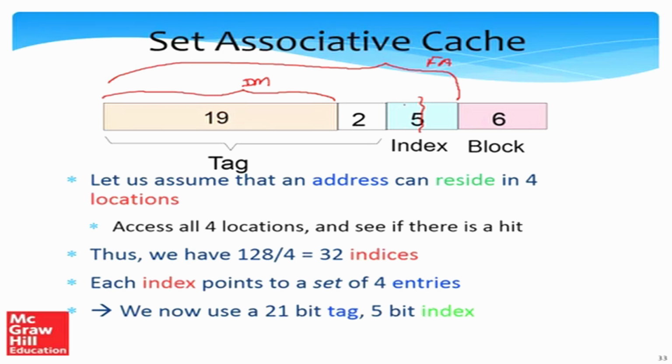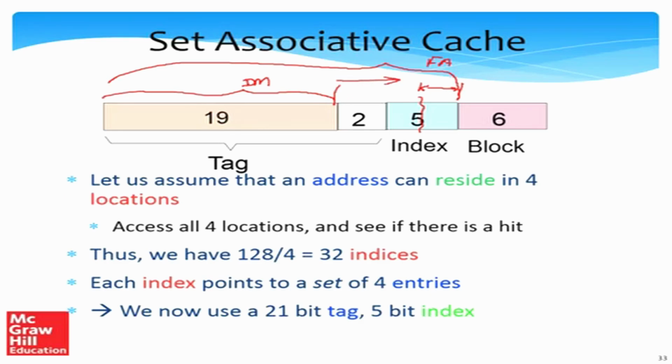Because the total block address is 26 bits, but we can use a part of the bits to first find the set, and once that gets fixed, the remaining bits have to be used to compare with the tag array. As we increase the number of sets, the tag will get smaller and smaller, till you can't increase it beyond this point, which means that every set at this point contains one entry.